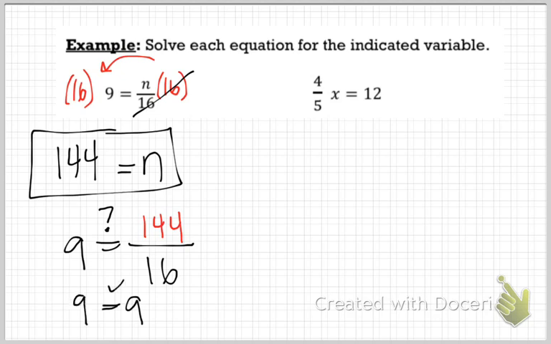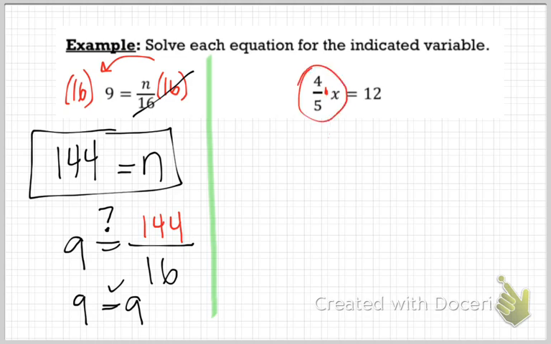Okay. Next one, 4 over 5 x is equal to 12. This problem can be done in so many different ways. So I'm going to show you 2 different ways. So here it goes. The first one is understanding that this fraction is actually multiplying this variable.